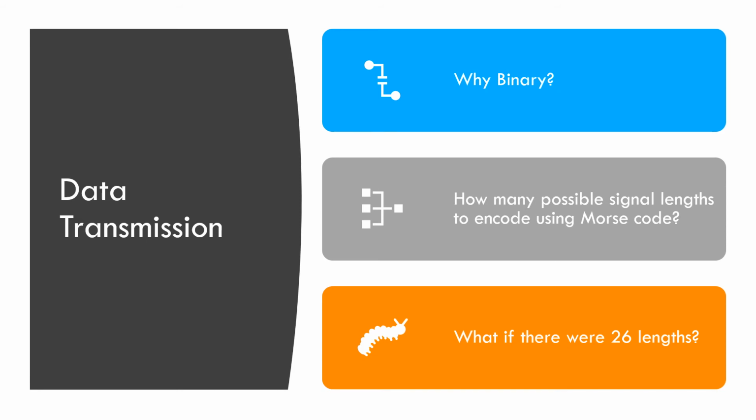But thinking about your experience in class, how much harder would it be to make sure you were holding down the button for the right amount of time, or for the receiver to hear the difference between the different lengths? The easiest way to avoid misunderstanding is for there to be as few options for each signal as possible, which is why Morse code uses only two lengths, and why in computing we use binary, which only uses two digits, a 1 or a 0.